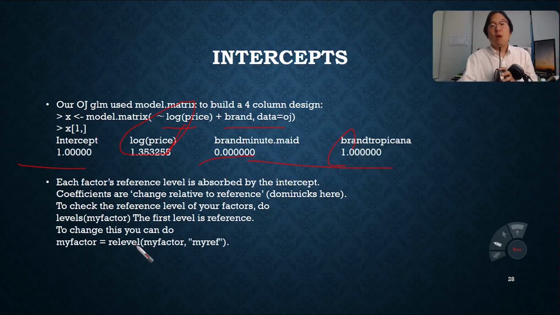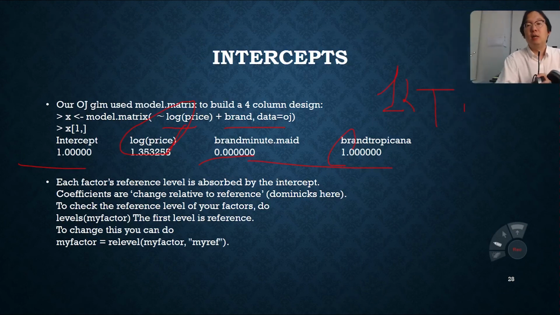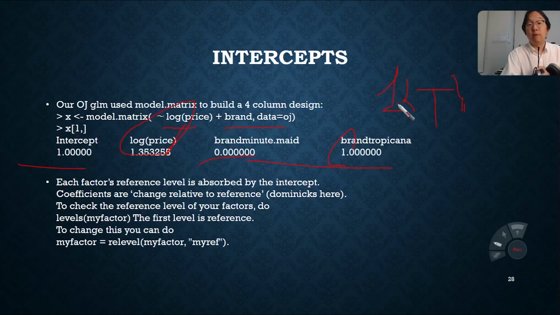When you do dummy variable regression, we have to be careful about multi-collinearity. What do you mean? Well, based on brand, we have 3 brands. One is Tropicana, dummy variable 1 for Tropicana. Another is a dummy variable for Minute Maid.